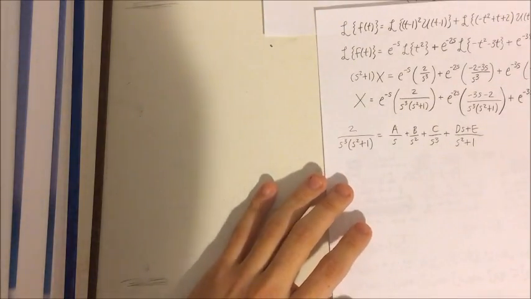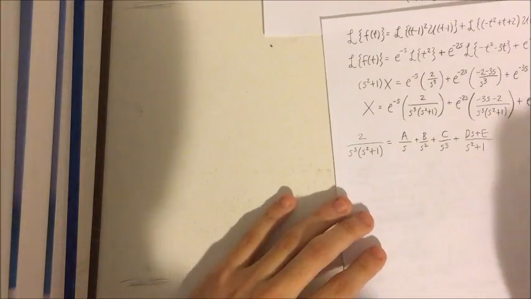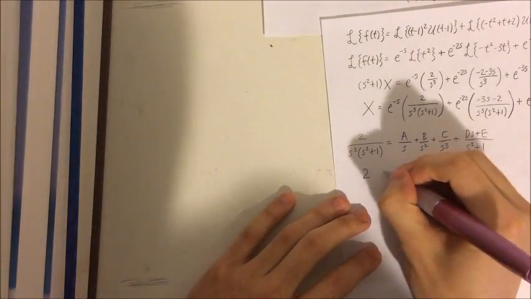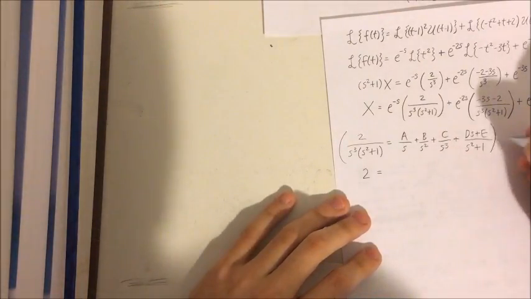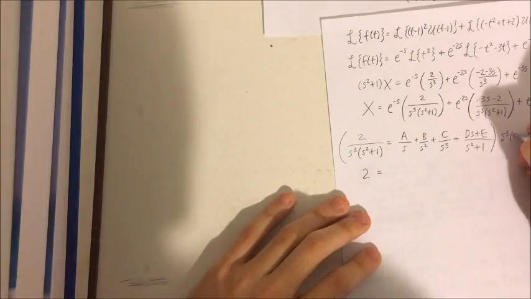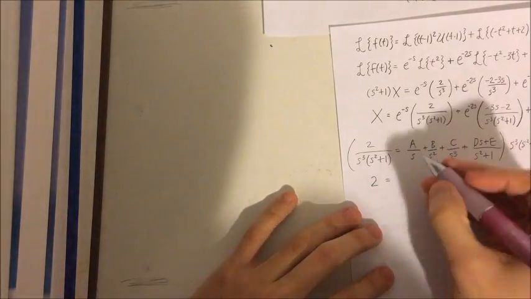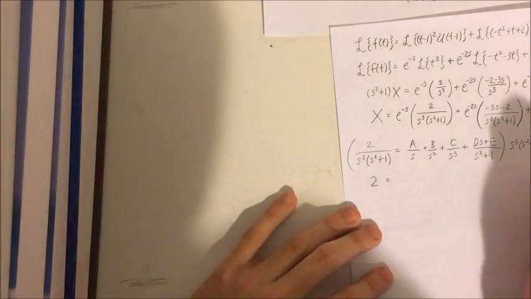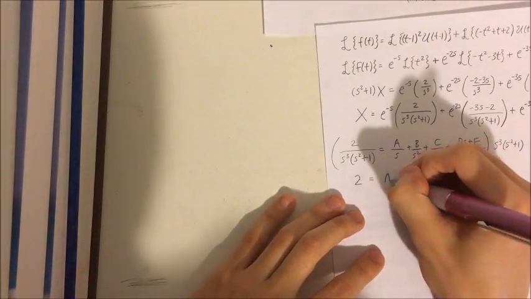So what happens here? We're going to multiply by whatever the common denominator is. So we're going to cancel out the 2 by multiplying. Common denominator is s cubed times s squared plus 1. So we knock out that denominator. A times, well, I'm going to write it like this.